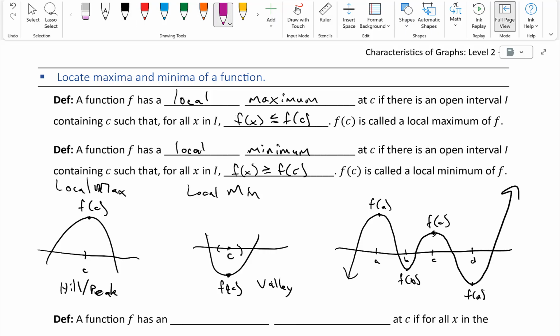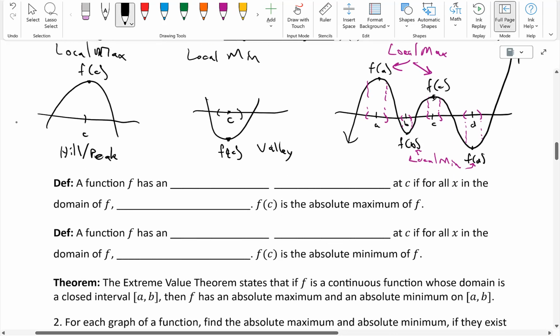If we look at little intervals around a, b, c, and d, and extend out to the function values there, we can see they are the highest for the local max, and respectively the lowest values in those little intervals. So we have local maxes up here at f of a and f of b, and local mins at f of c, sorry, and local mins for b and d. But we're just looking for those peaks and valleys as we move through the function.